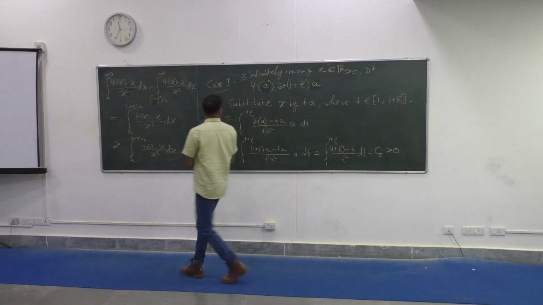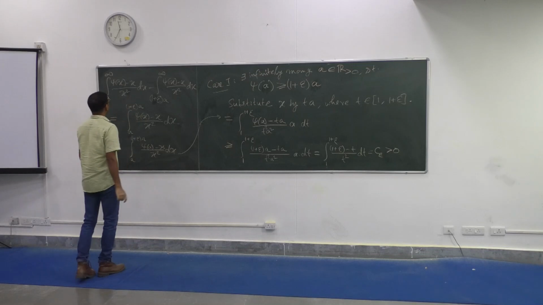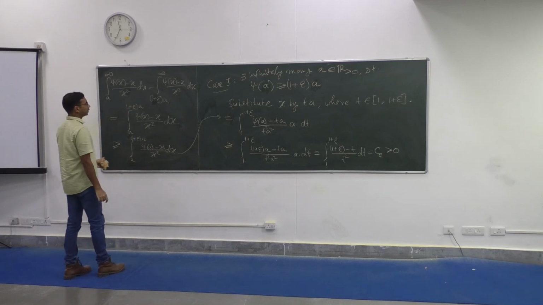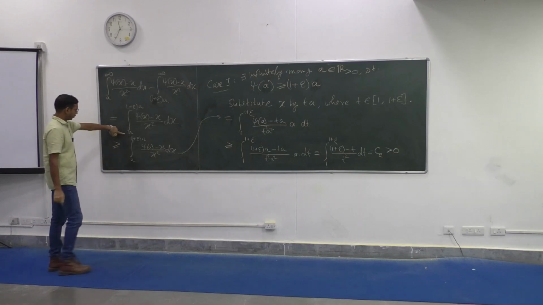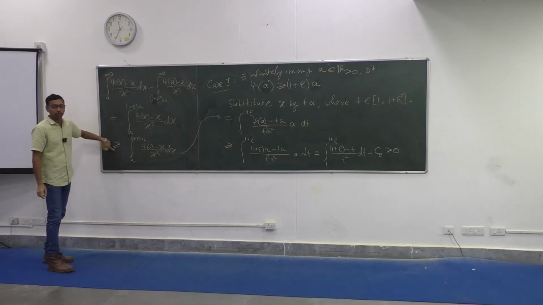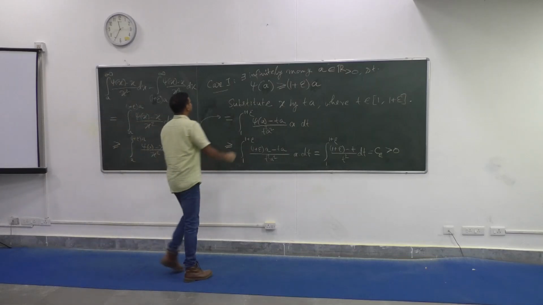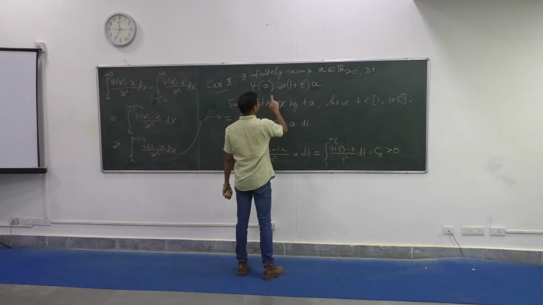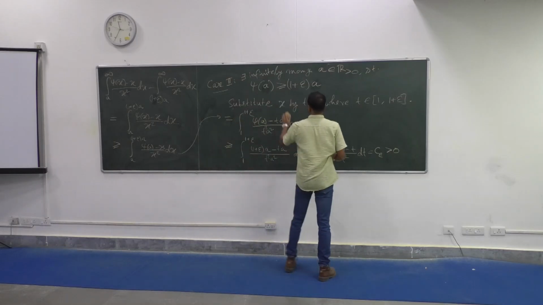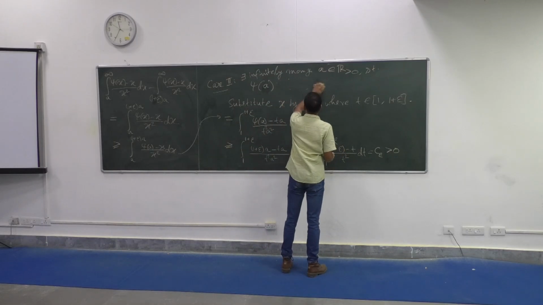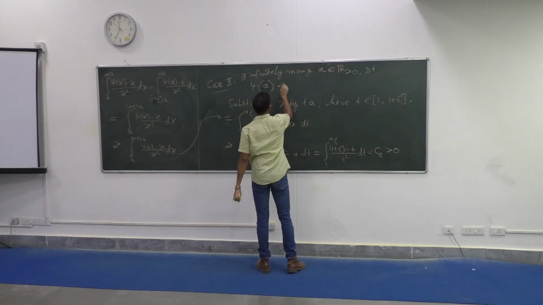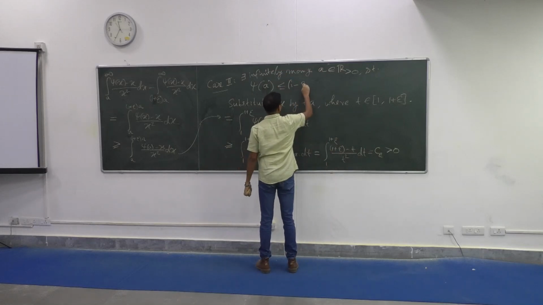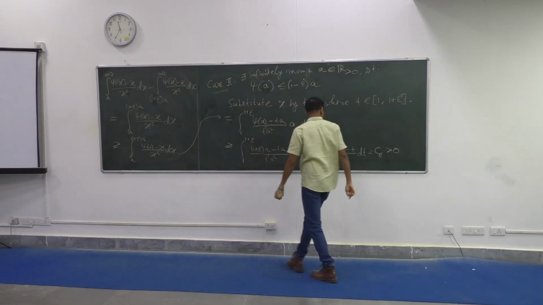Similarly, in the other case, how far can we copy the other case? Up to here, because only the sign of the inequality will change. So this is S2. For S2, there will be infinitely many a's such that psi of a is less than or equal to 1 minus epsilon.